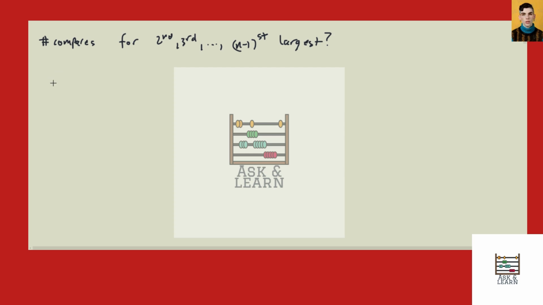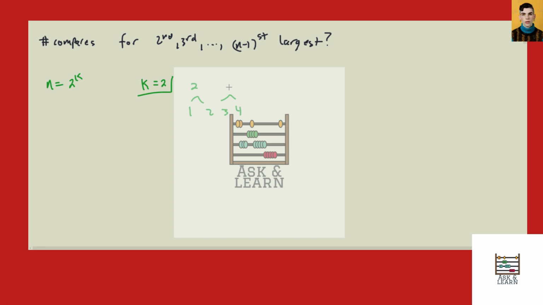Remember, we're assuming that n is in the form of 2 to the k for some value of k. So let's go through some values of k and see what we get. If k is equal to 1, that doesn't give us anything interesting, so let's do 2. I'm just going to list 1, 2, 3 up to 4, so we compare these elements for our tournament sort.